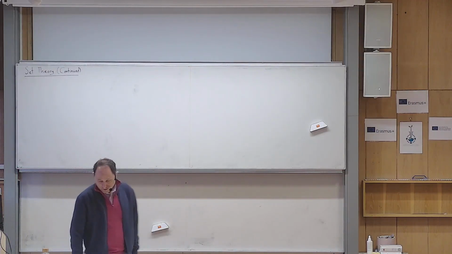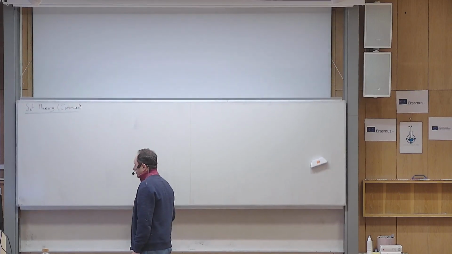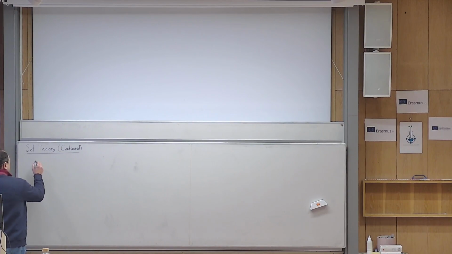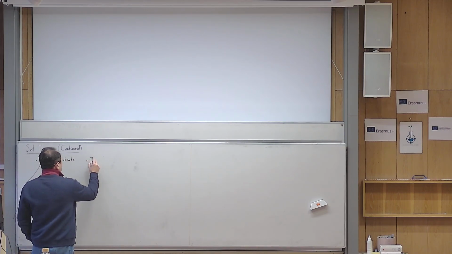Okay, good morning. So we continue the lesson of set theory. So far we introduced the notion of a set, and then we also introduced the notion of subsets, and then the universal set.